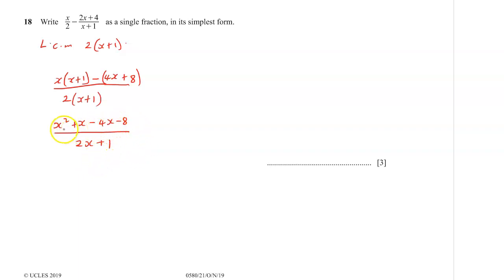Collect the like terms together, so we get x squared minus 3x minus 8 upon 2x plus 2. So this is a single fraction in its simplest form: x squared minus 3x minus 8 over 2x plus 2. There we are.